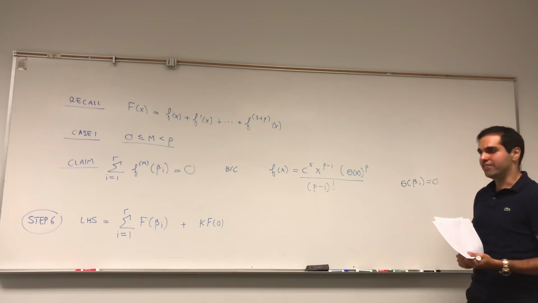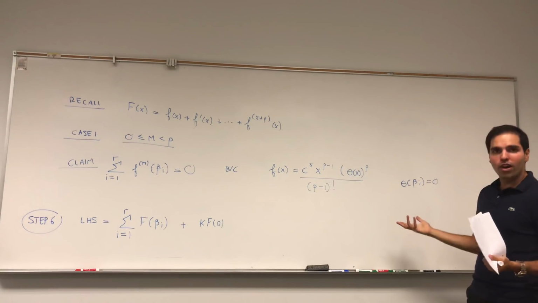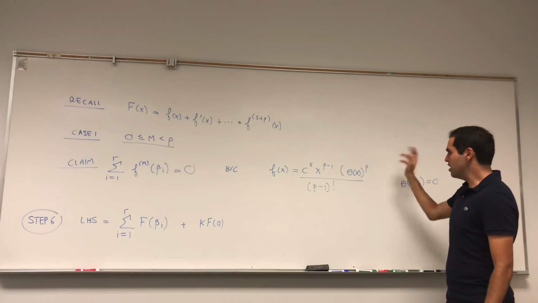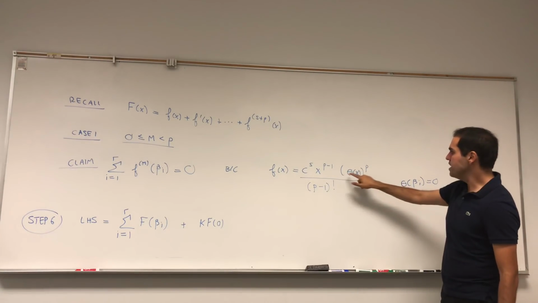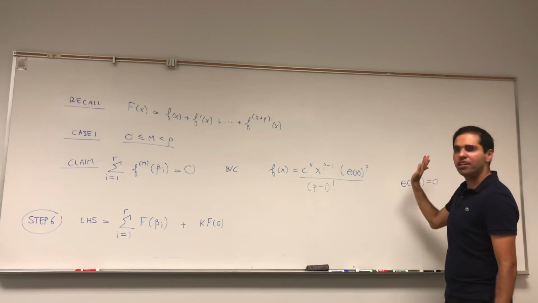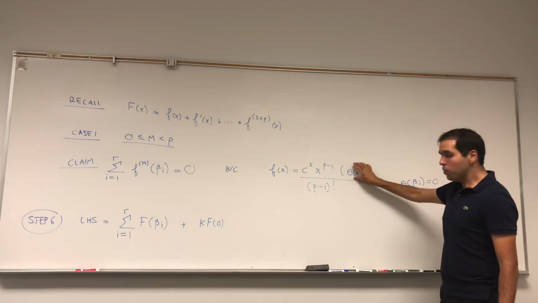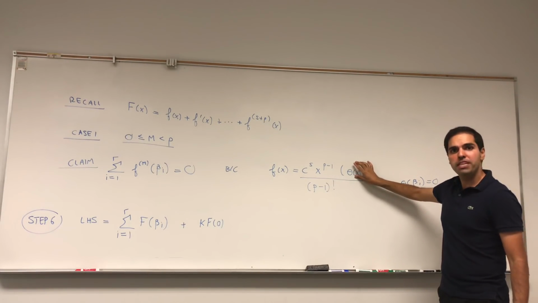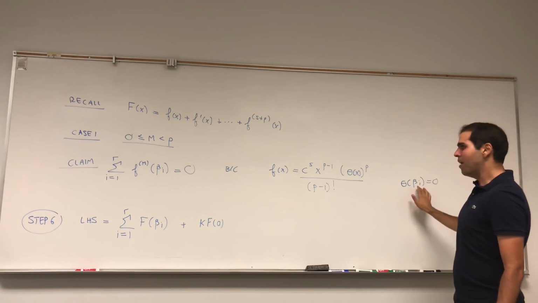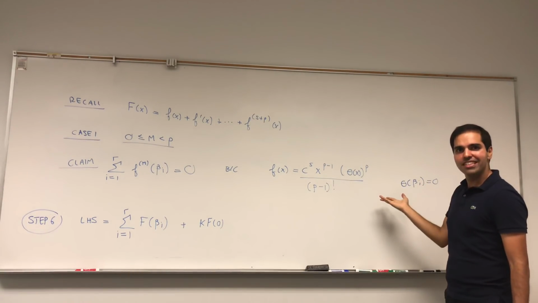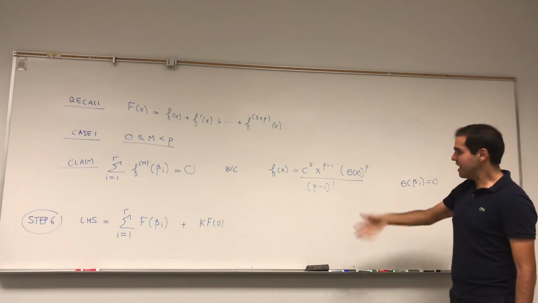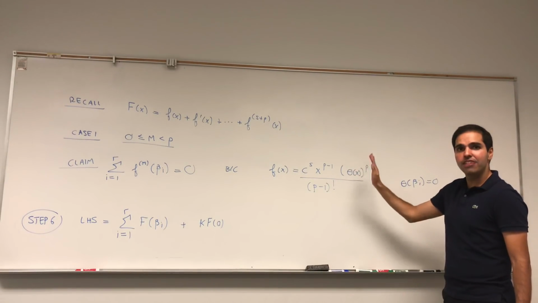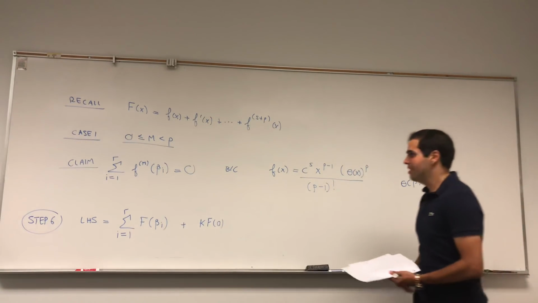So no derivative is fine. Let's say you take one derivative. Okay, by the chain rule, it would be p theta to the p minus 1 times theta prime. You would still have a theta to the p minus 1. And if you plug in beta I, you still have 0. And the same thing happens whenever you take fewer than p derivatives.